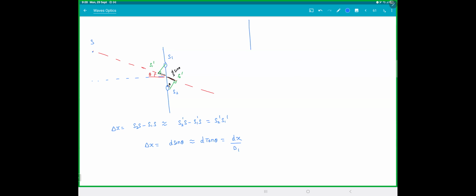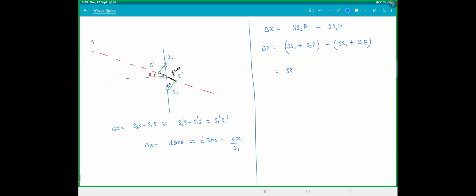So now when I write the path difference, exactly what is your path difference? SS2P minus SS1P. Isn't this the path difference? You're taking the light rays from S to point P. One is going through S1, and one is going through S2, isn't it? So this can be written as SS2 plus S2P minus SS1 plus S1P.